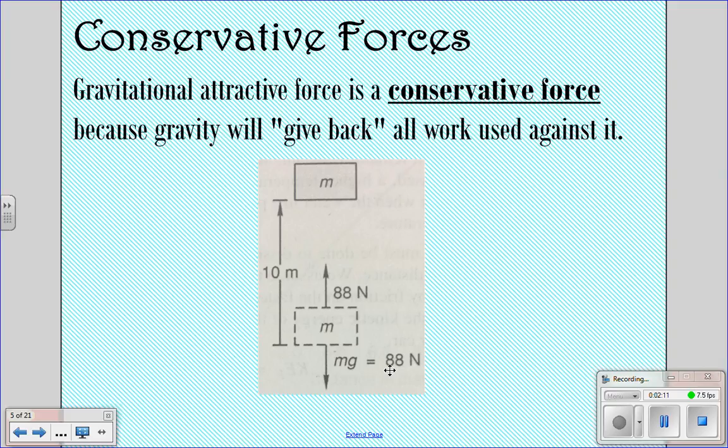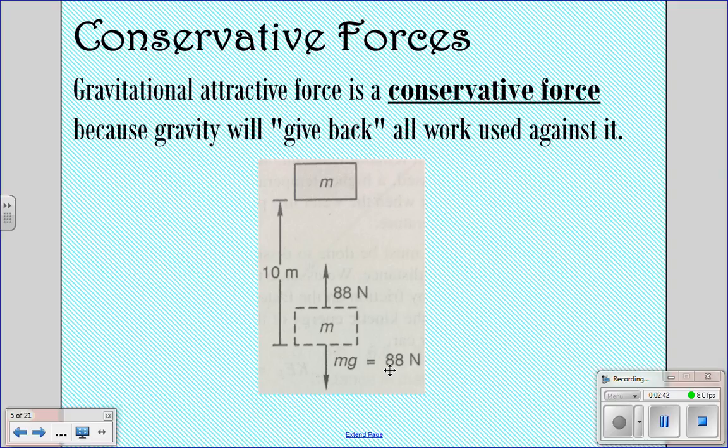Gravitational attractive force is considered a conservative force because gravity is always going to give back all of the work used against it. So friction is considered non-conservative, but gravity is a conservative force. If you look at this picture, someone lifts a mass at constant velocity by using a force of 88 newtons, lifting the mass up 10 meters.